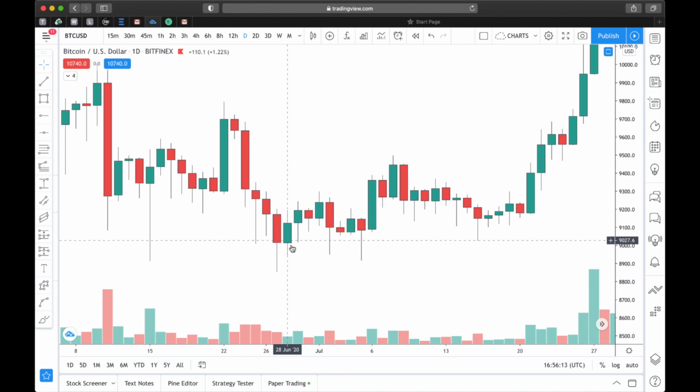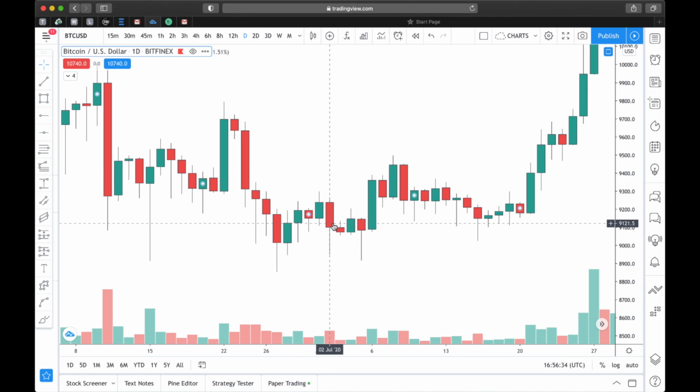That's why we have a green candle. So price opened here and closed here. The next day, price opened where this one closed and then went up. The next day was a red candle, price dropped. The next day, green candle, price increased. Next day, price dropped.